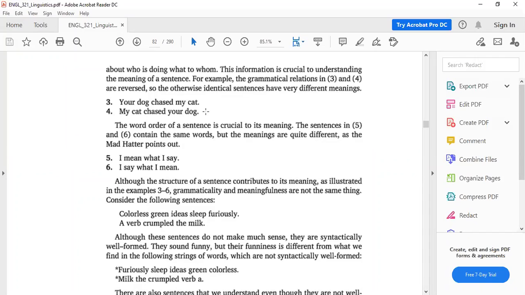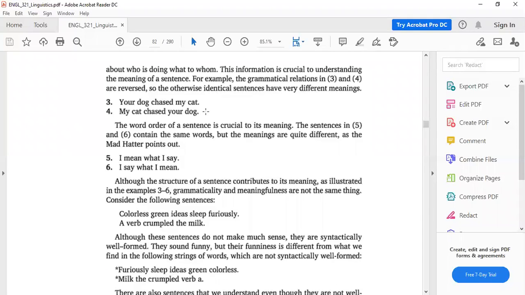So in sentence 3, the dog is doing something to the cat. So the dog chased the cat. So the dog is the subject and the cat is the object.